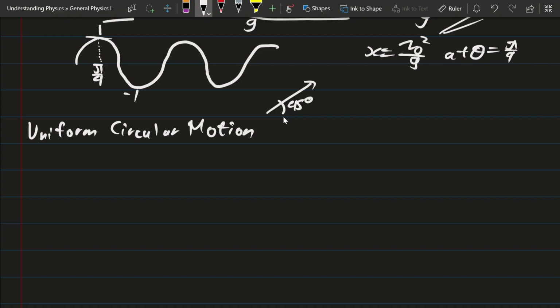So what does it mean to have a uniform circular motion? Basically you are spinning in a circle and you have a constant speed, not a constant velocity.